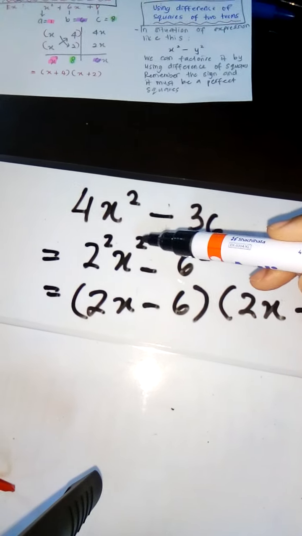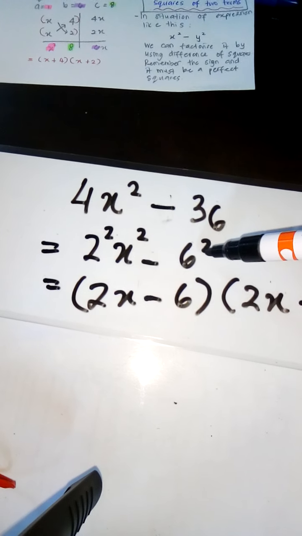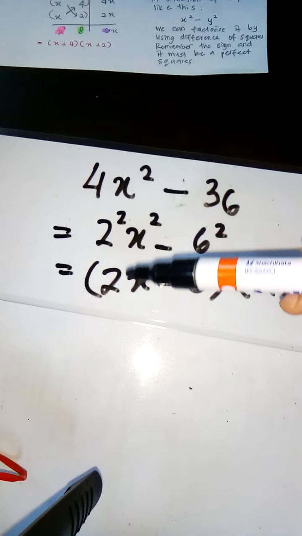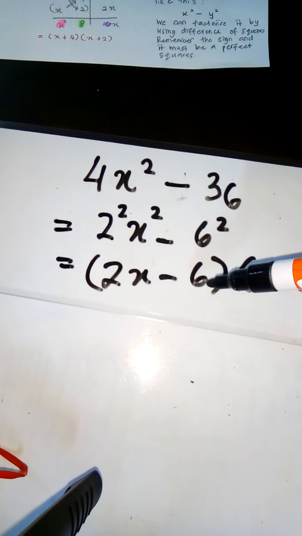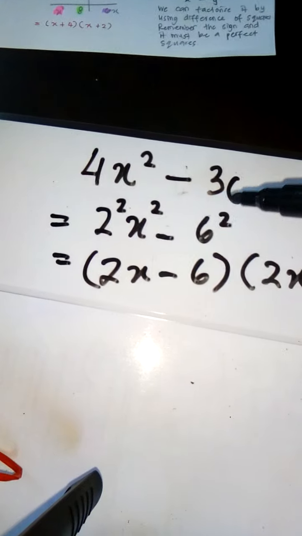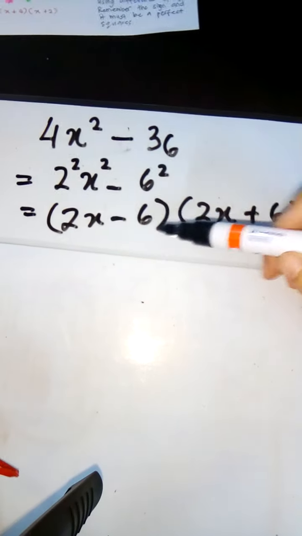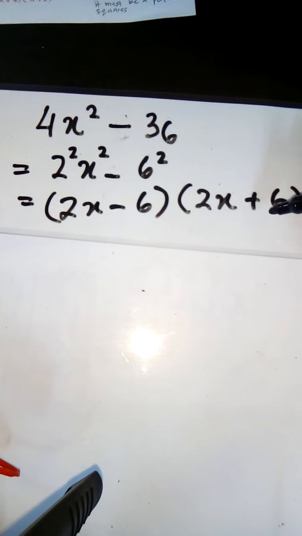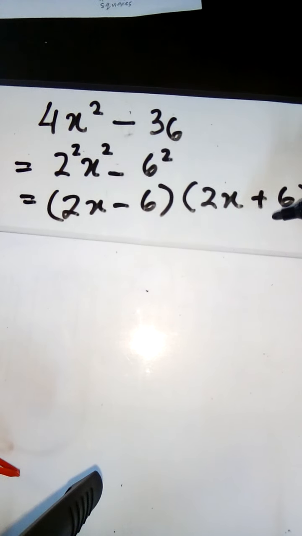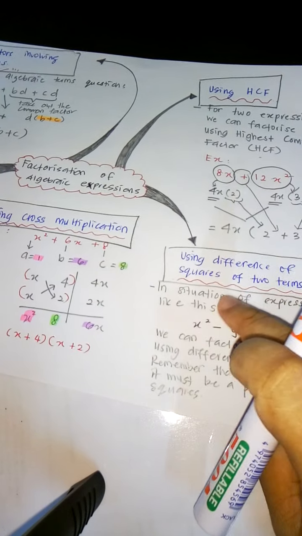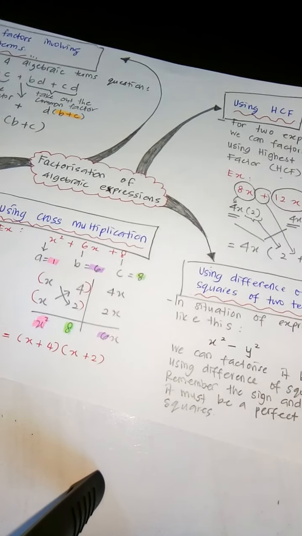This becomes squares, this becomes squares, and this also becomes squares. And then you put it accordingly: 2x put 2x, minus 6. So the 2 is gone, but we got two brackets. One bracket with the minus sign and another bracket with the plus sign. Okay, so this is the second way of factorization, which is using difference of squares of two terms.